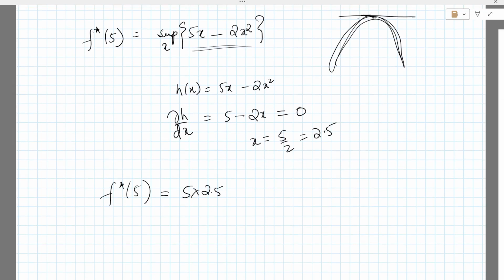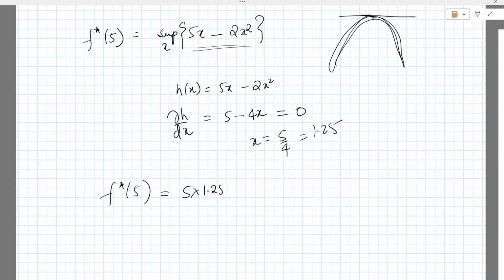Find 5 minus 2 into 2.5. Oh sorry, this should have been 4. Derivative is 2 times 2x. This is 5 by 4. 5 by 4 is 1.25.